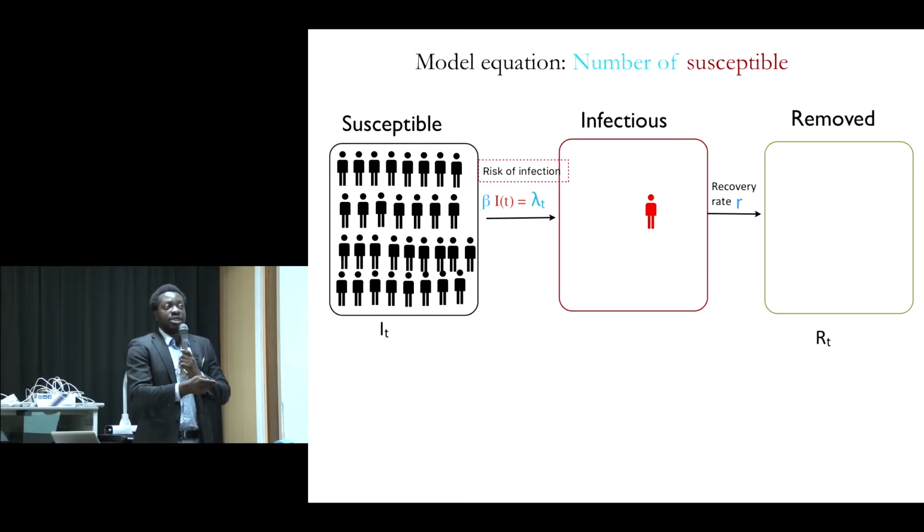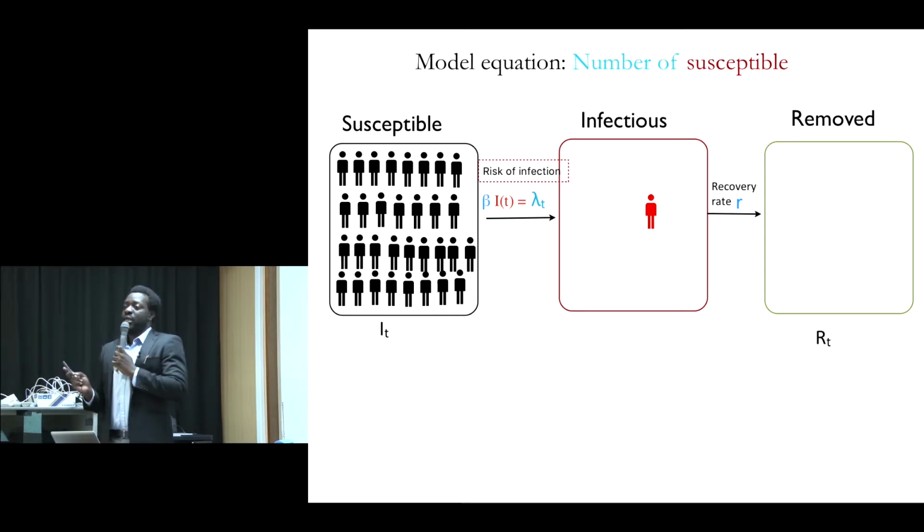The risk of infection, the risk of someone who is here to become infectious, is generally noted lambda t. It is the transmission probability times the number of people who are infectious. Simply, in this classroom here, if no one has influenza, the risk of infection here is 0, because no one in this classroom has influenza.